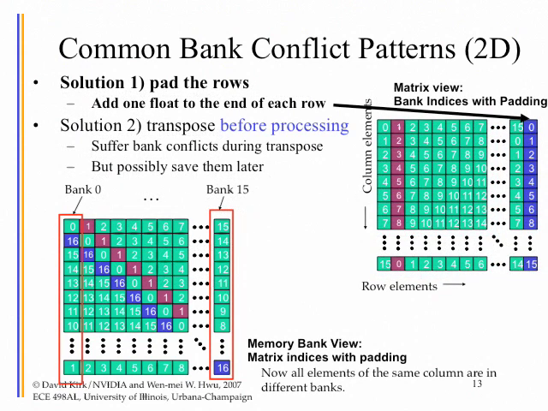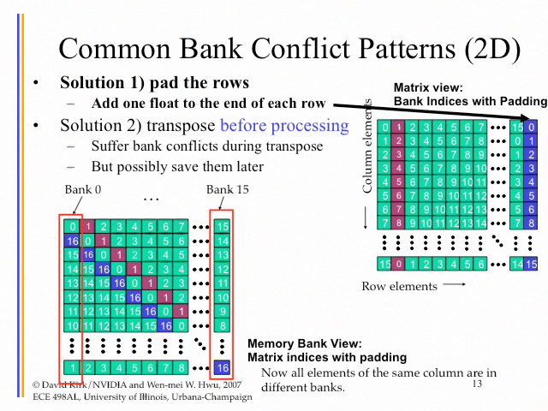So there are several very common solutions. One is you can pad the rows, and you can add one element into each row.